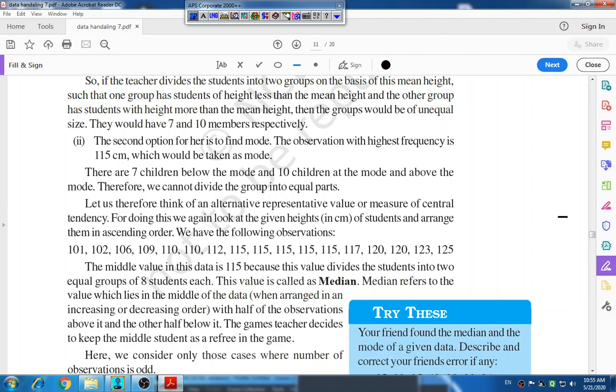Look at here, the total data is of 17 numbers and the middle number is 150. This value is called the median. So what is the median? Median refers to the value which lies in the middle of the data.